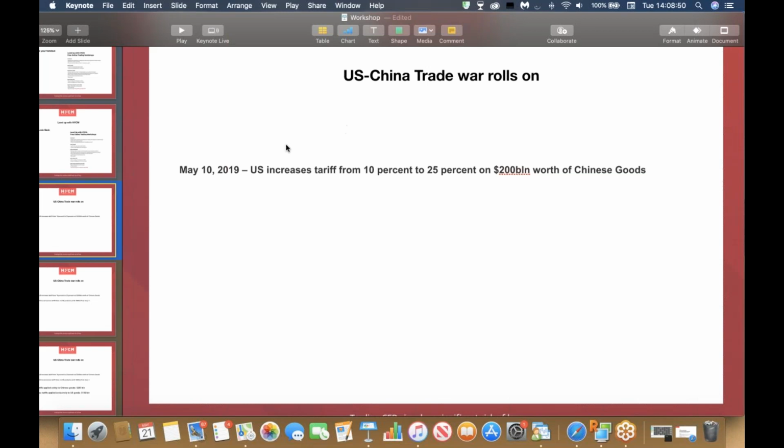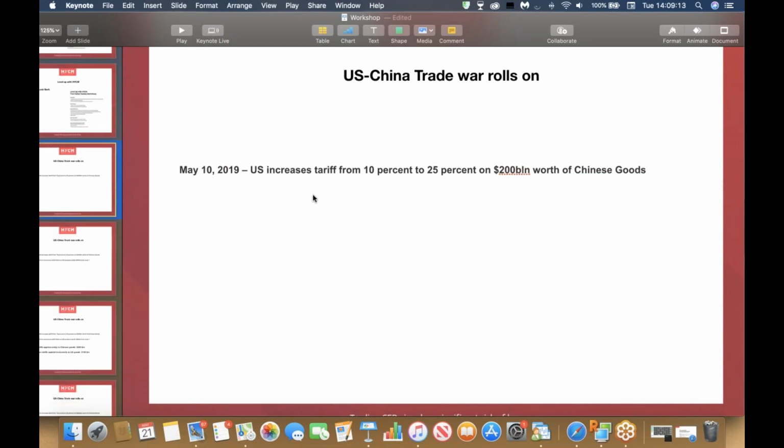It was May the 10th of this month, 11 days ago, when the United States increased their tariff from 10% to 25% on $200 billion worth of Chinese goods. President Trump threatened it from the start of that week, and then he brought it in on May the 10th. It was in response to President Trump saying China had backtracked on some of the agreements they'd been looking to arrange.